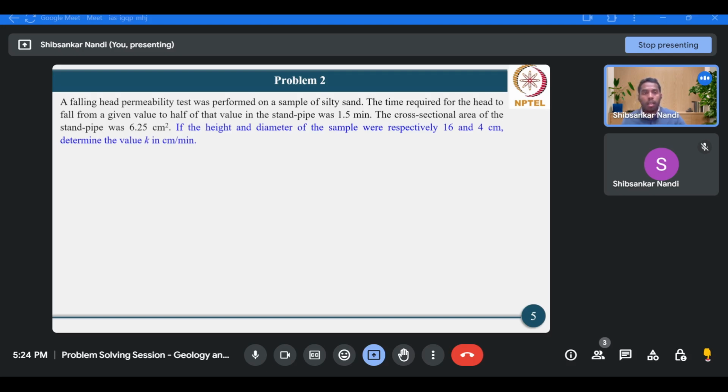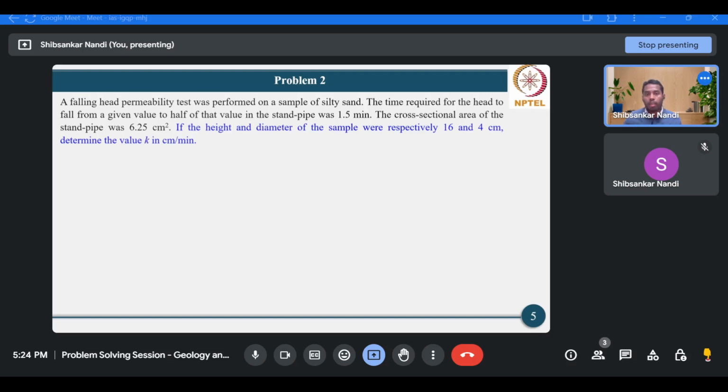The cross-sectional area of the standpipe was 6.25 centimeters square. If the height and diameter of the sample were respectively 16 and 4 centimeter, determine the value of K in centimeter per minute. So again, in this problem as well, we have to calculate the hydraulic conductivity K of the tested sample, that is a sample of silty sand.